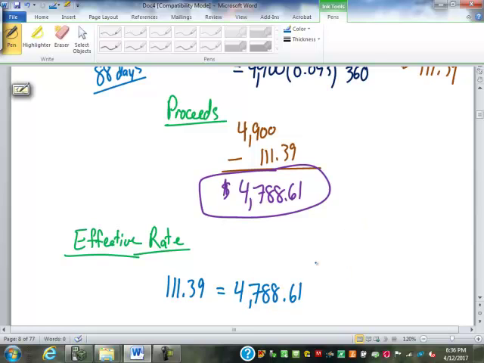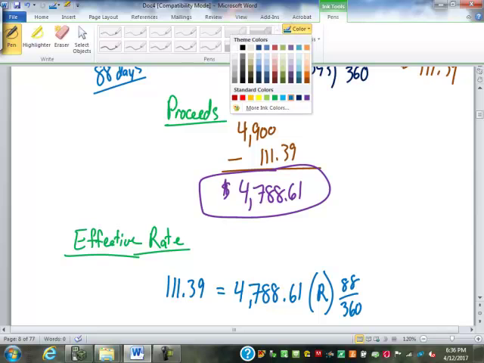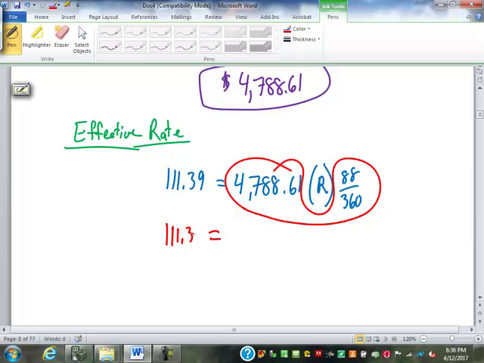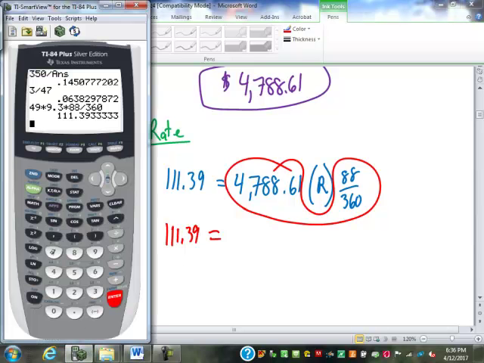And then the rate, and then the 88 over 360 for the time. And now we do have to combine the proceeds and the time in this case. 4,788.61 times 88 divided by 360.